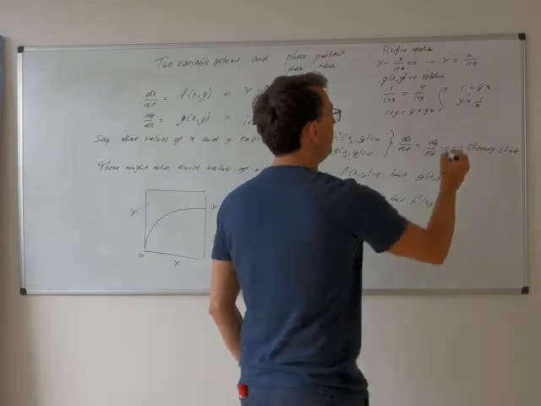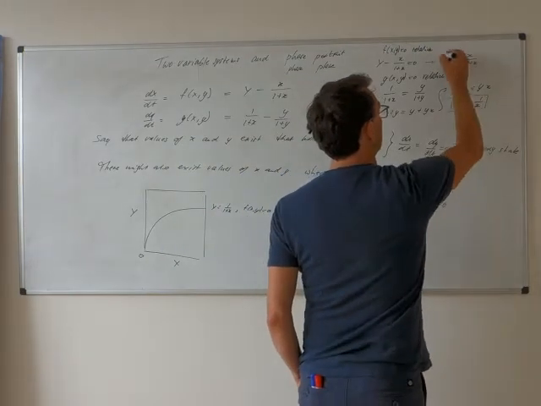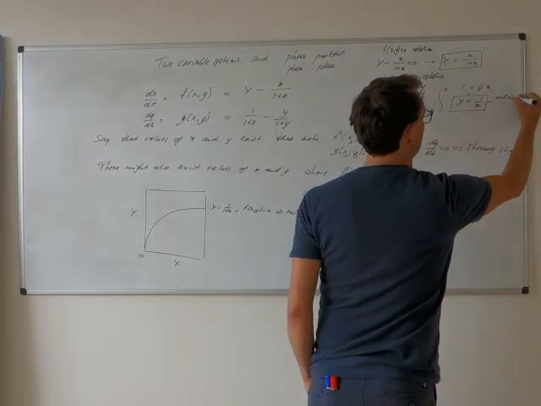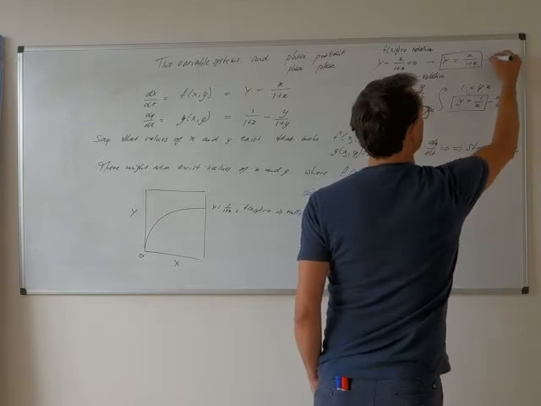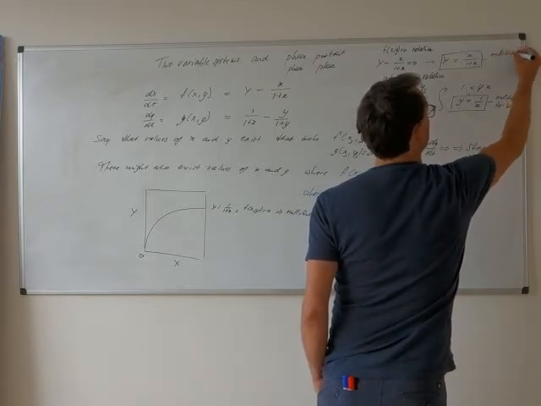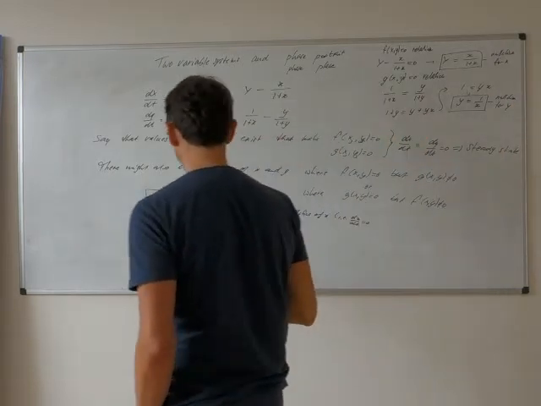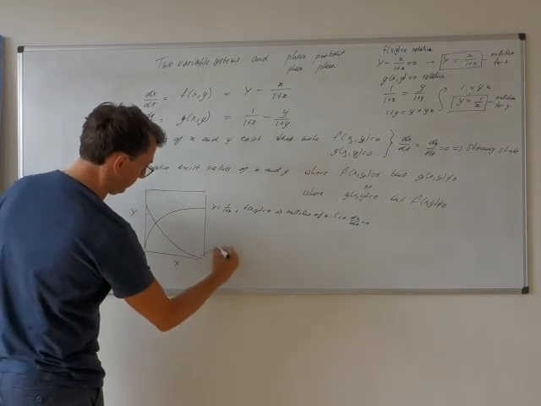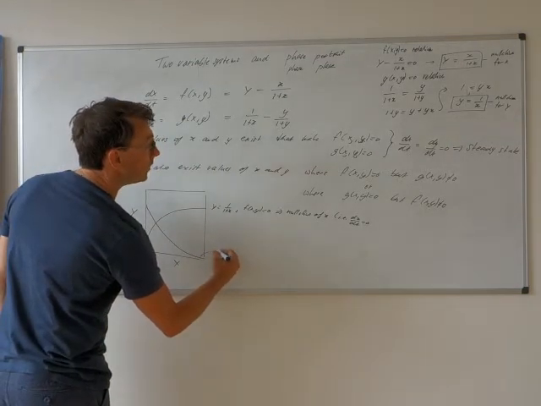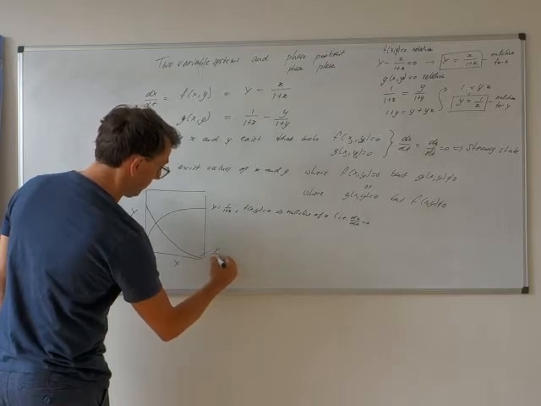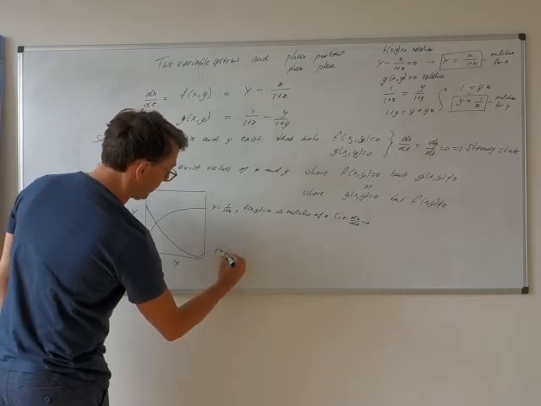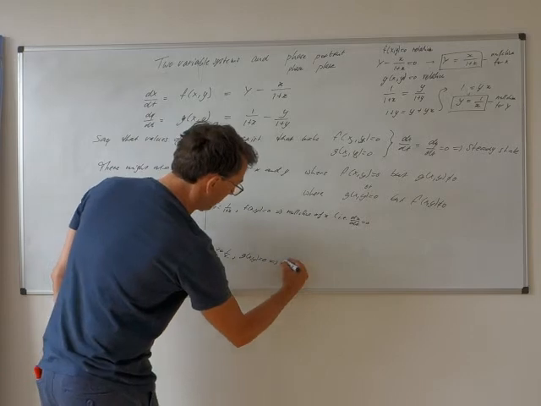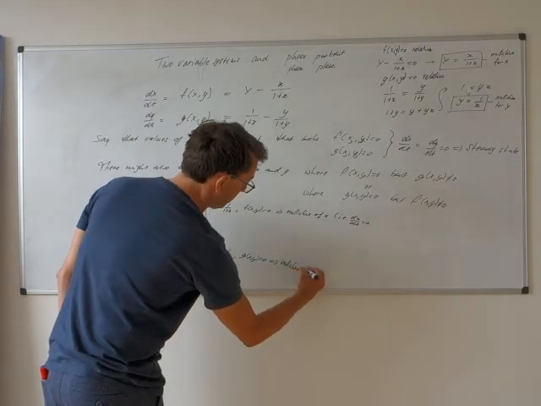So this is the nullcline for y, and this is the nullcline for x. So the nullcline for y goes like this: y equals 1 over x. This is where g(x,y) equals 0.